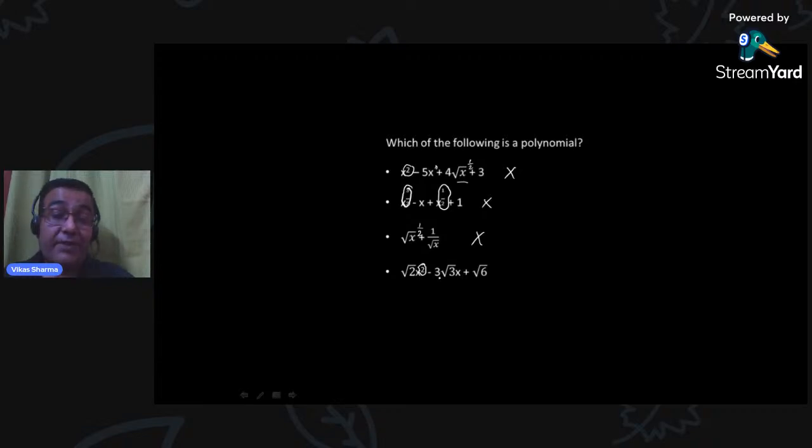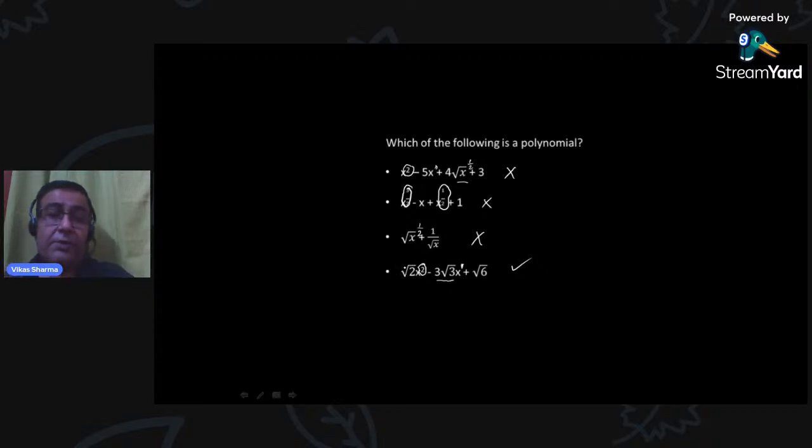Here there is 3 root 3, so 3 root 3 is the coefficient, but x itself is outside the root, which means it has a power of 1, and there is no variable here. So 2 and 1 both are positive integers, so this indeed is a polynomial.